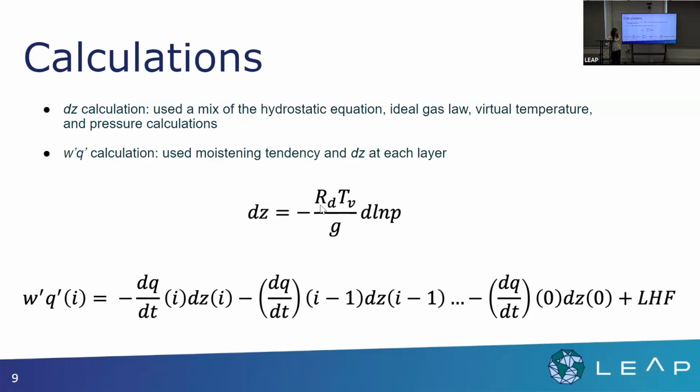So I used R for dry air, which is coming from the ideal gas law, virtual temperature, gravity, and then this is the change in the log of pressure. And then for W prime Q prime at a specific layer in the atmosphere, I use moistening tendency at that layer times the change in height of that layer. Then I added all the layers below it, plus the latent heat flux going upward into the air generally, I think. And that found my W prime Q prime.